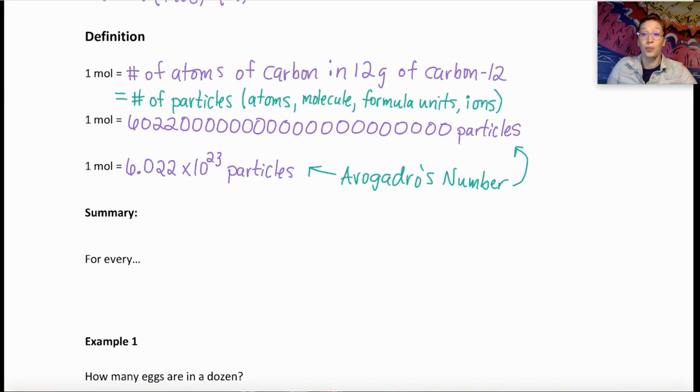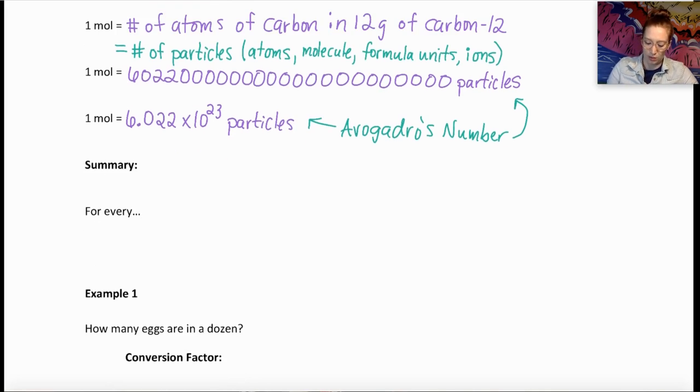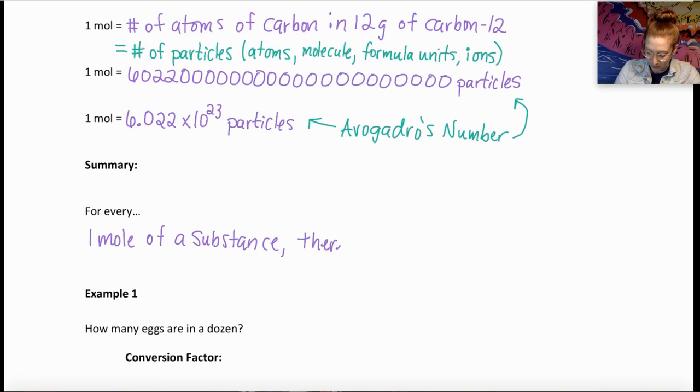Okay, so we can summarize all of this in a for every statement. For every 1 mole of a substance, there are 6.022 times 10 to the 23rd particles.